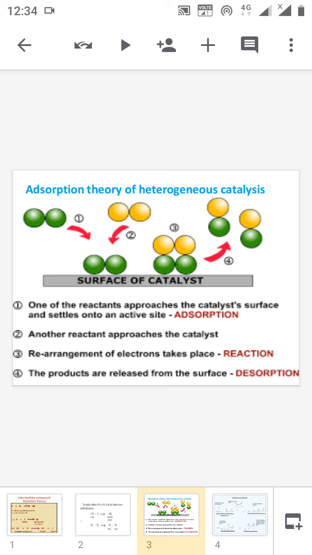After the chemical reaction the product escapes from the catalytic surface and diffuses into the solution. This is the entire process taking place in the adsorption theory of heterogeneous catalysis.